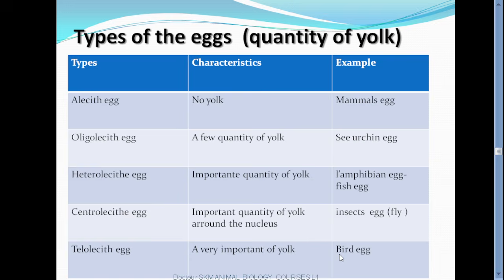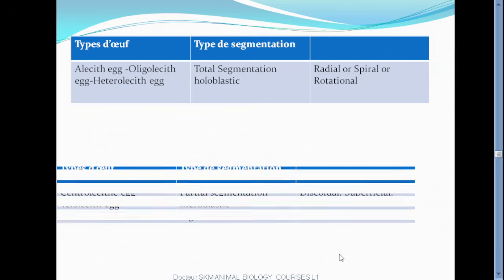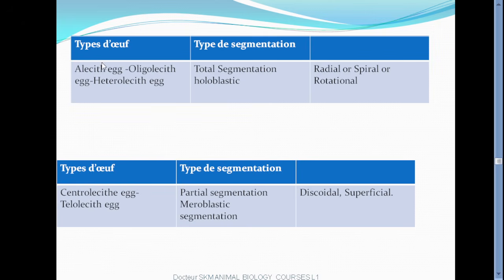So according to this quantity, we have two types of segmentation. If the egg is alecithal, oligolecithal or heterolecithal, the segmentation is total segmentation, or what we call holoblastic segmentation.